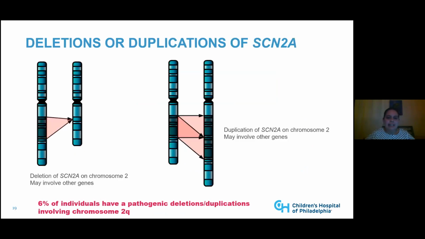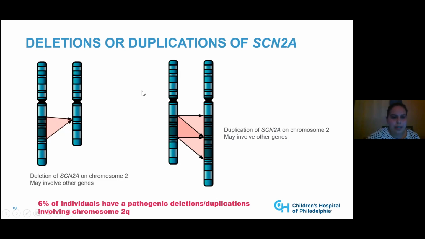All right, and then a different type of genetic change that can cause SCN2A disorders is what we talked about earlier. So this idea of having extra or missing pieces of DNA. So really thinking about, we know that SCN2A is on chromosome 2, and sometimes people have segments of chromosome 2 that are missing or extra.